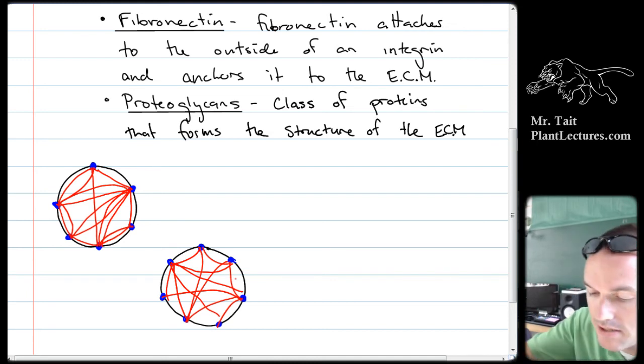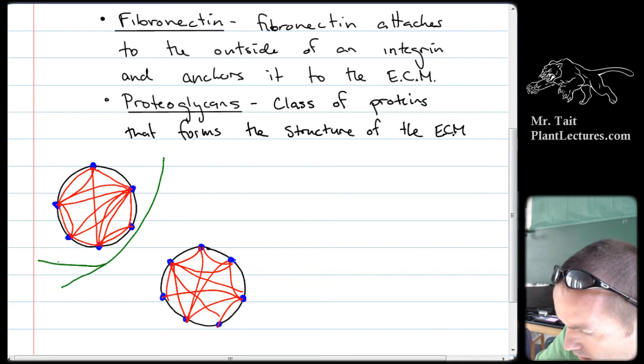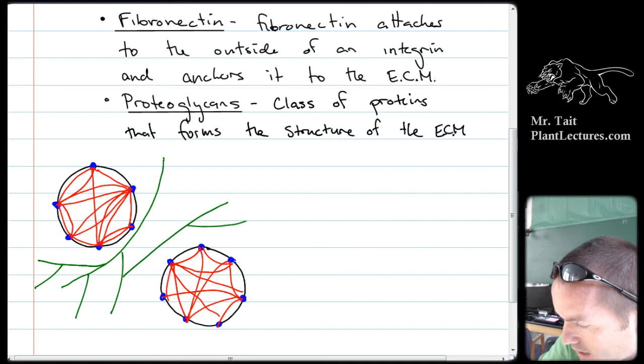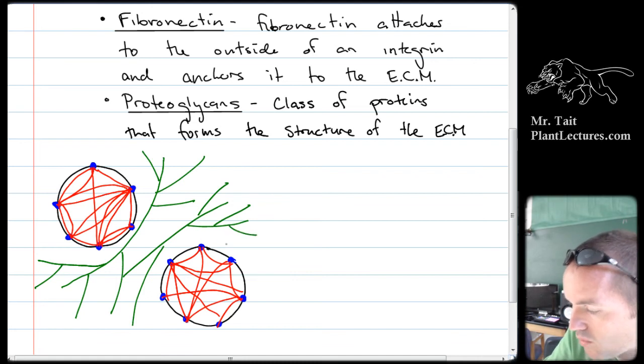And then there's the proteoglycans. The proteoglycans are going to be a bunch of bundled up fibers on the outside of the cells, like this. We'll label them all in a second.